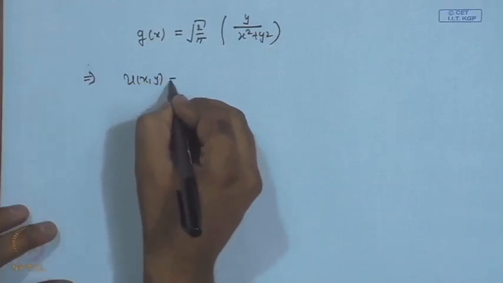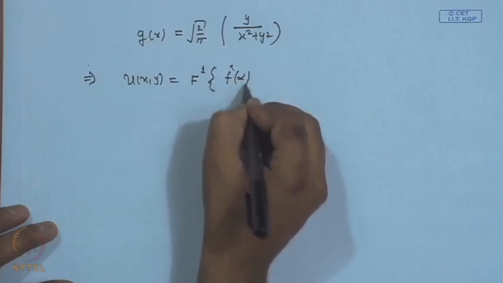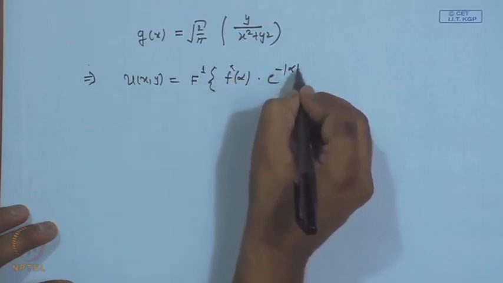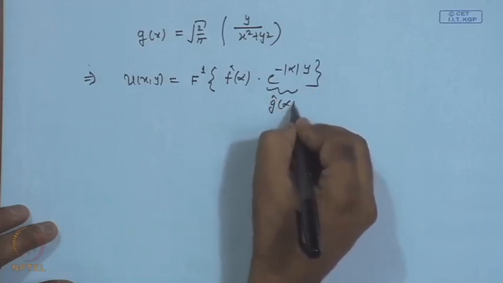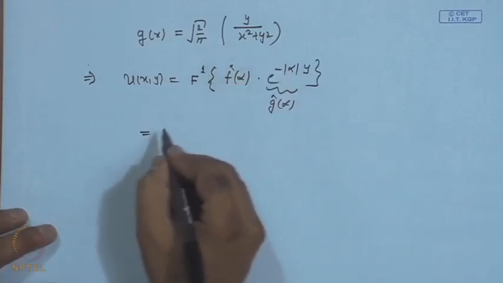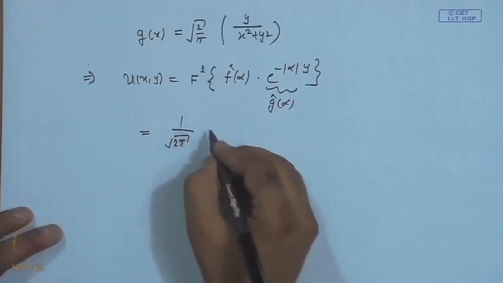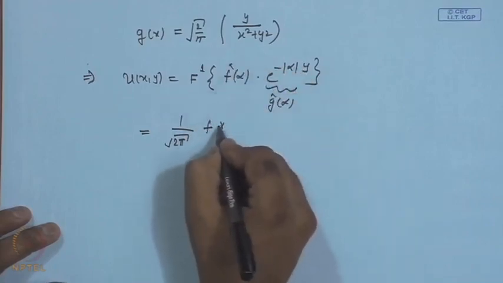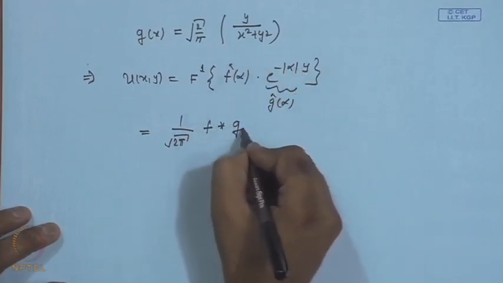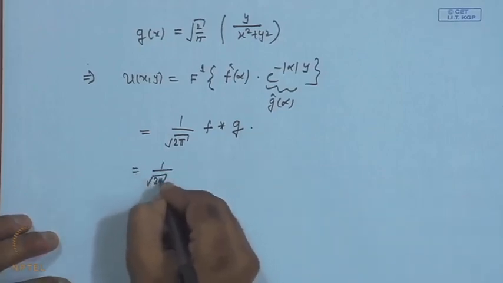And now we go back to the solution, which is the Fourier inverse of f̂(α) e^(−|α|y). So, this was ĝ(α), and this is f̂(α). By the convolution theorem we have 1 over square root 2π, and the convolution of f and g.